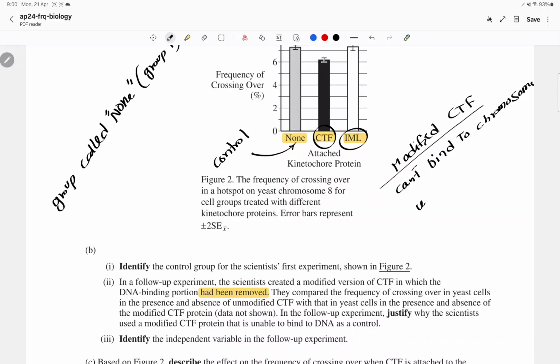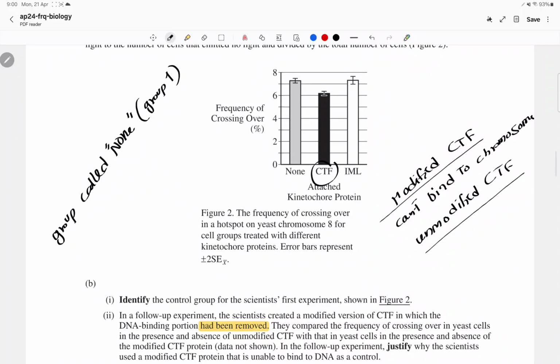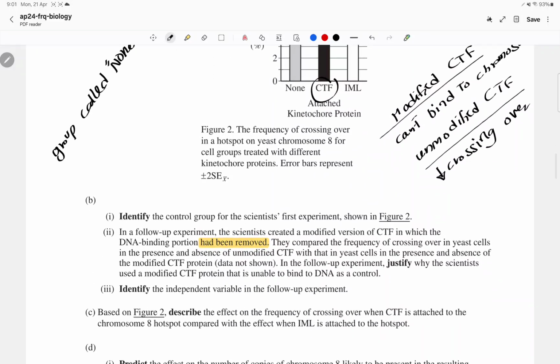We also have unmodified CTF, which is essentially this one here, okay? Which, as we can see, has been able to bring down the frequency of crossing over compared to the control. This one decreases the frequency of crossing over, okay, by being able to bind to the DNA, to the chromosome.